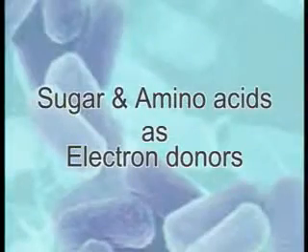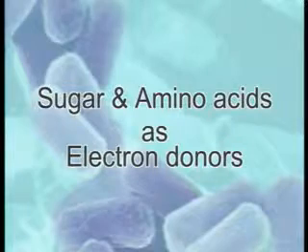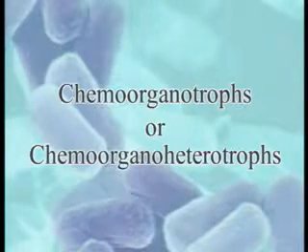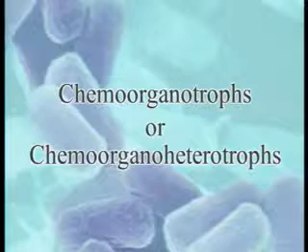Many other chemotropic bacteria use organic compounds such as sugars and amino acids as electron donors and are therefore chemoorganotrophs or chemoorganoheterotrophs. Now, certain bacteria can grow as either chemolithotrophs or chemoorganotrophs.